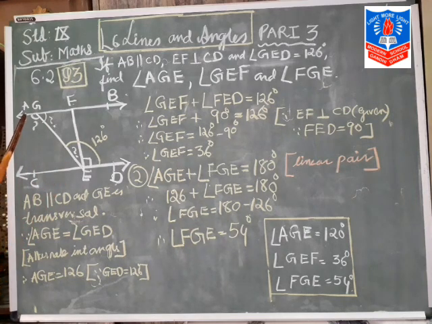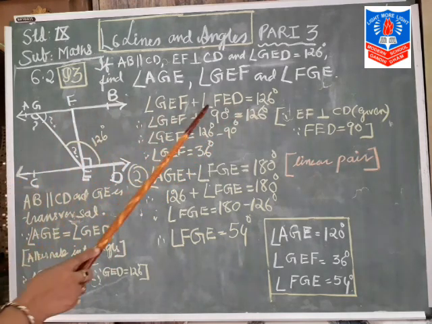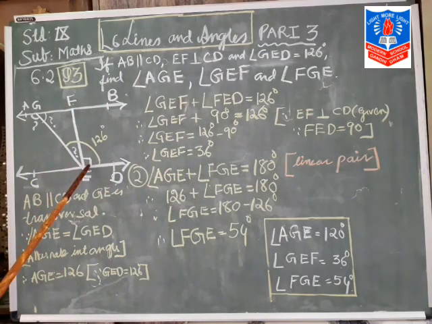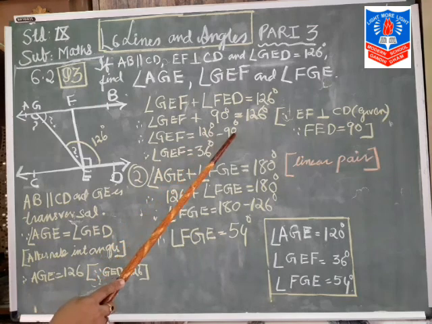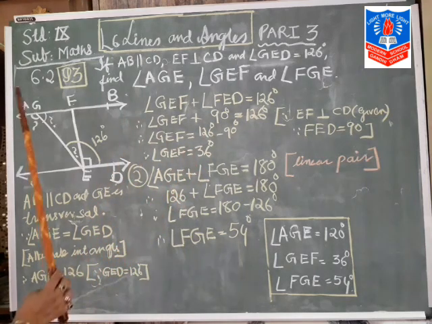Then, here it is given that GEF and FED together equal 126. Now, FED is 90. So what will we get? GEF equals 126 minus 90. GEF equals 36. Clear, children?